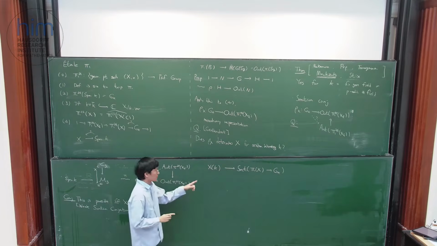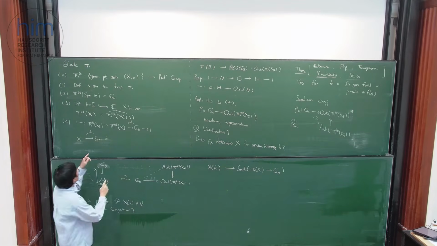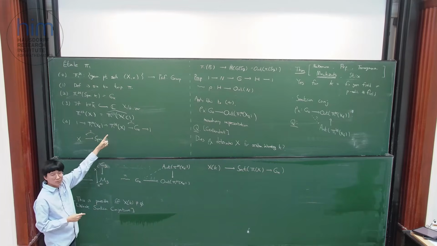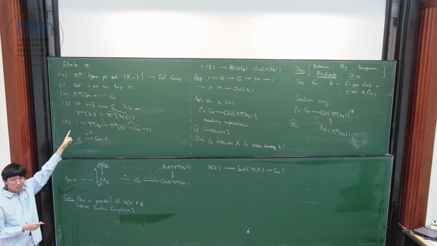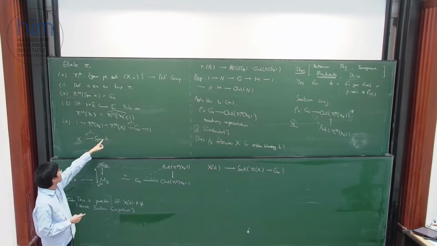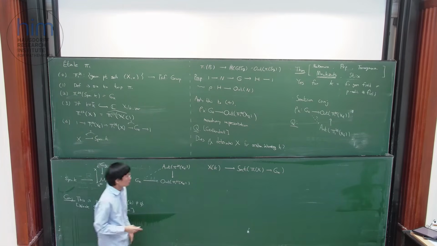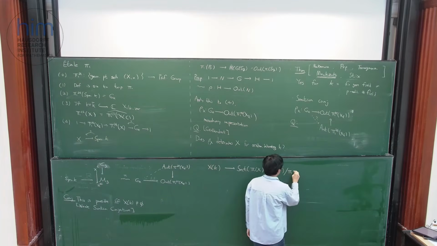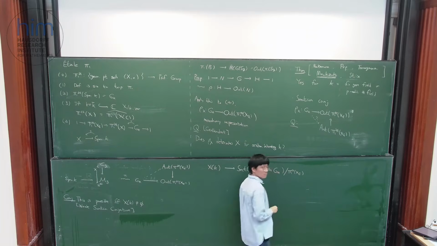However, this is not well defined because I am suppressing it in the notation, but there is a problem with the choice of the geometric point, because pi1 is well defined only when we fix the geometric point. So there is a subtlety in choosing the section. We need to take the quotient of this set of sections by the action of the geometric part of the fundamental group.